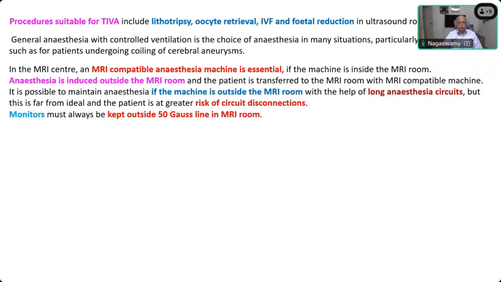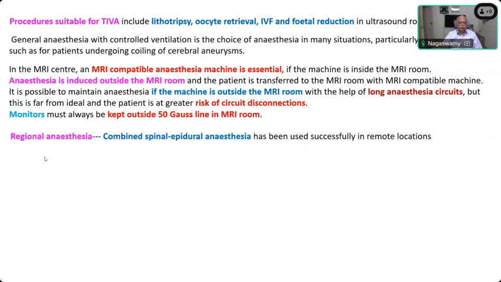So that is the major difference that you have to remember. So this is how the machine is used. In regional anesthesia, you can commonly use spinal, epidural, or combined spinal epidural in remote locations, or nerve blocks to a particular limb wherever required.